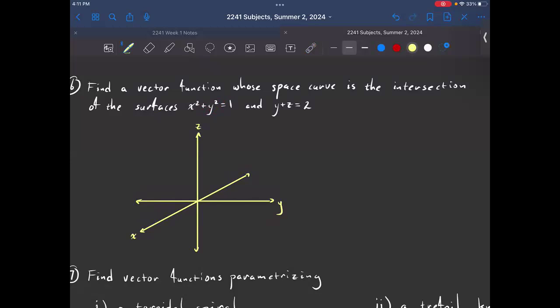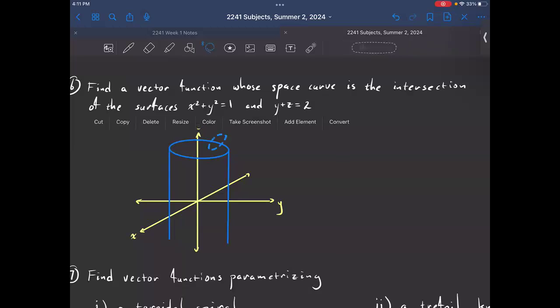So we have a cylinder that looks something like this. And put the bottom on there. So there's our right circular cylinder, x squared plus y squared equals 1.